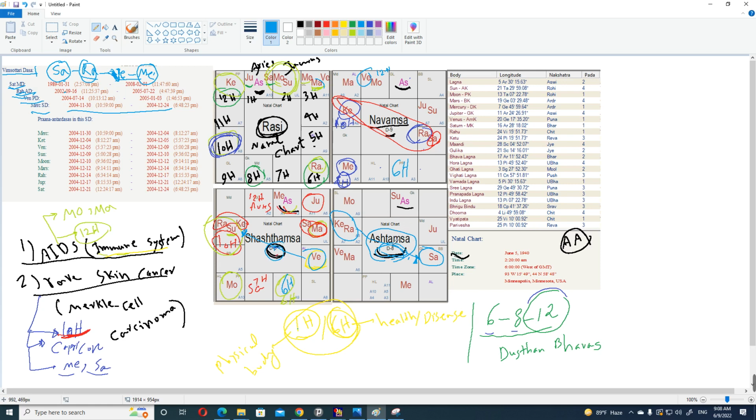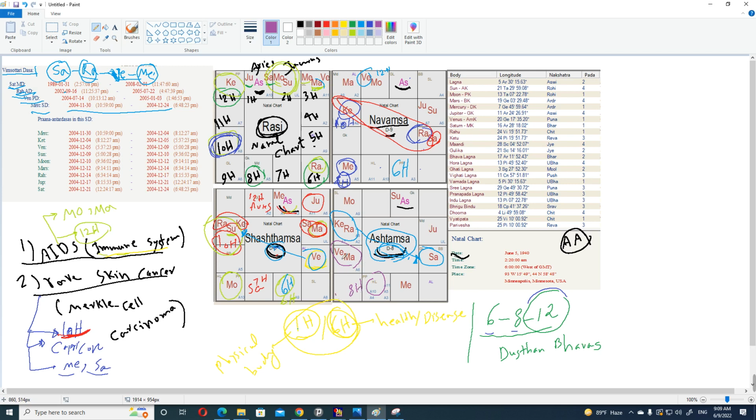Let's check the divisional chart for death, Ashtamsa. In Ashtamsa, you can see that Venus is placed with Mars, the ruler of the 12th house and 7th house, under the aspect of Jupiter, the 8th lord. It is the 8th house, and its ruler is Jupiter, Sagittarius.